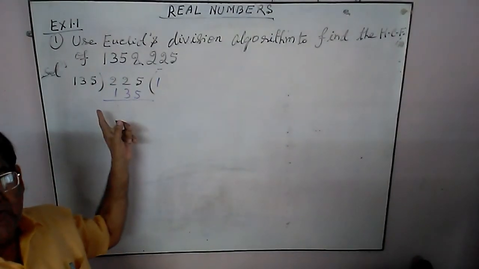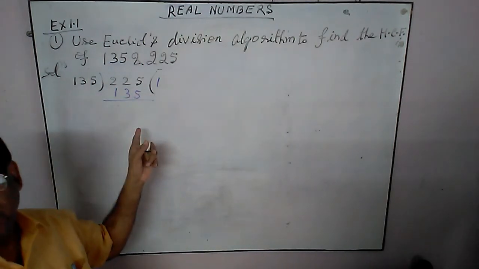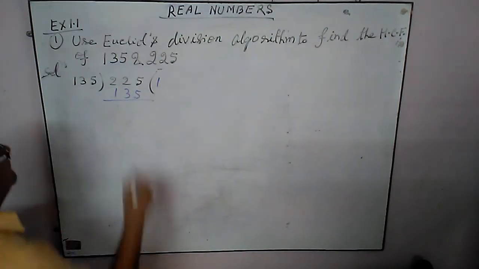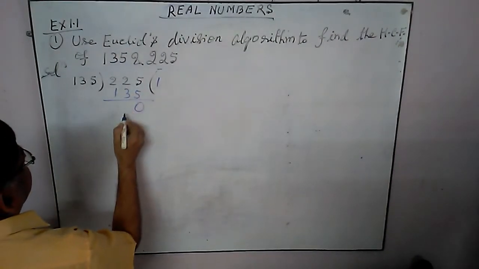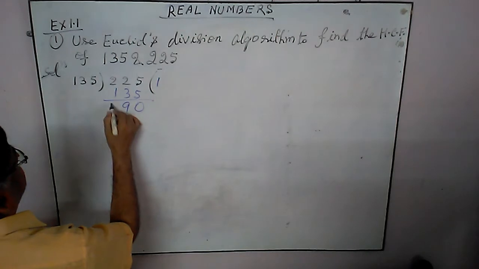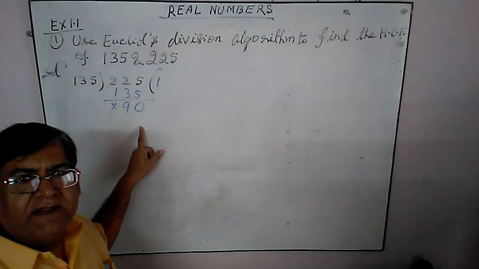Obviously, only 1 will go. 1 times 135 is 135. Subtracting, the remainder is 90.